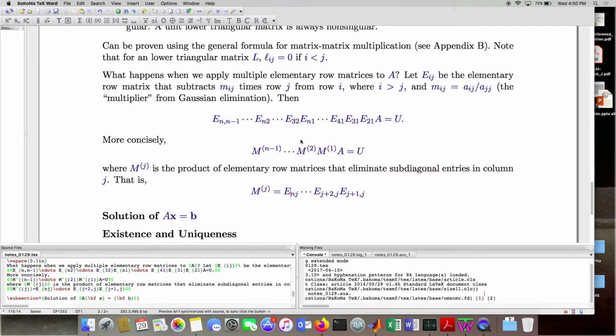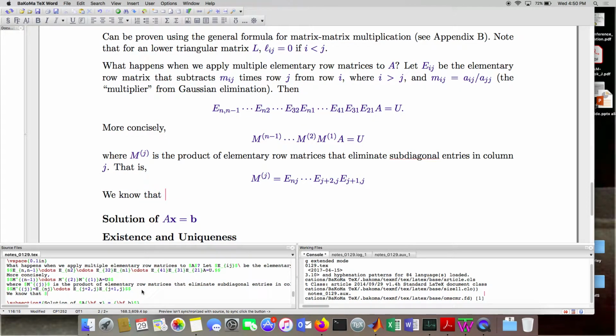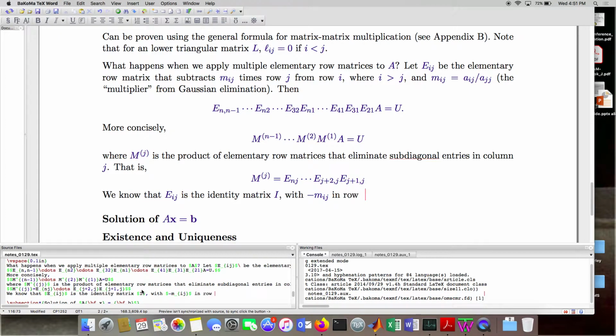Now, these individual elementary row matrices, we know what they look like. But what about this product? What does it look like? We know that Eij is the identity matrix I with minus mij in row i, column j.